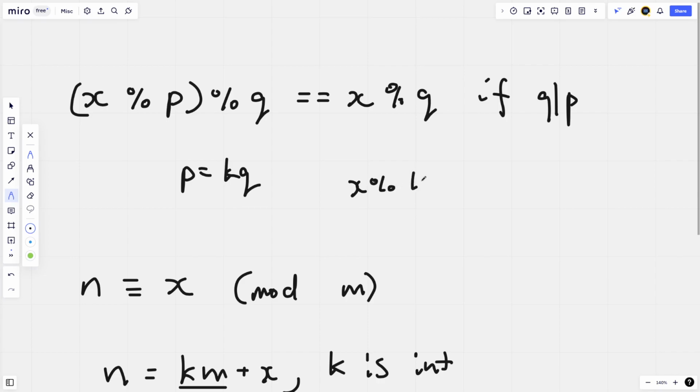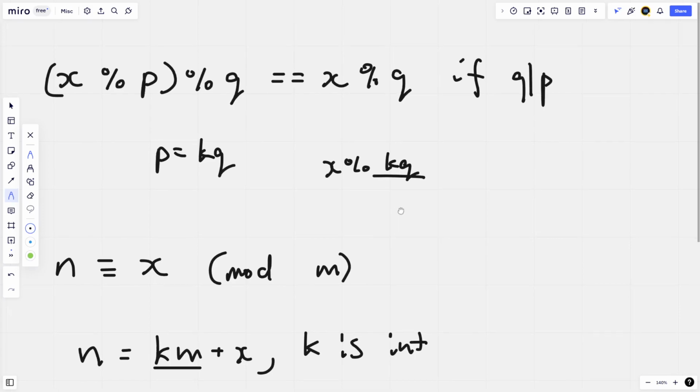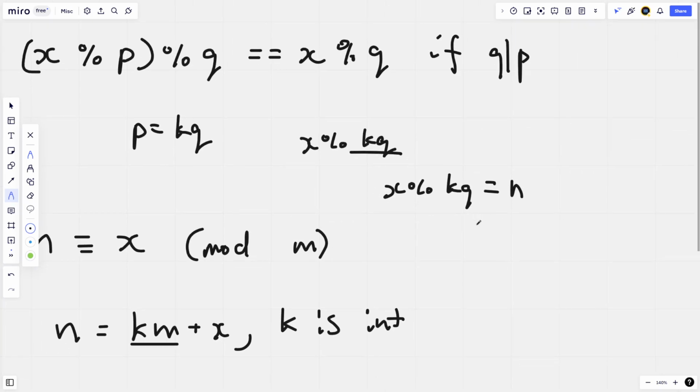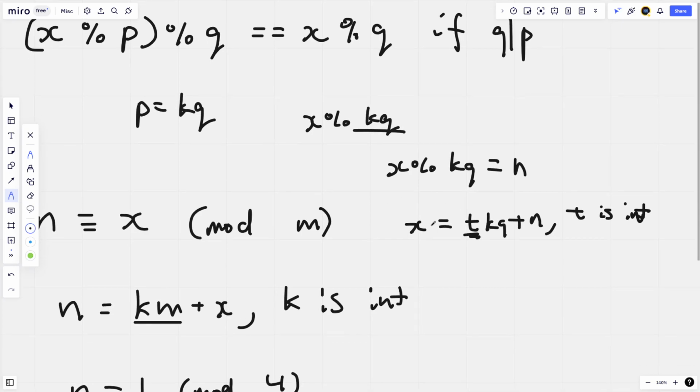So x mod kq is in the same equivalence class modulo kq. So in other words, if x mod kq is equal to n, that means that x is equal to t kq plus n, where t is some integer. So t this time is our multiple factor. Now what happens when we modulo q?